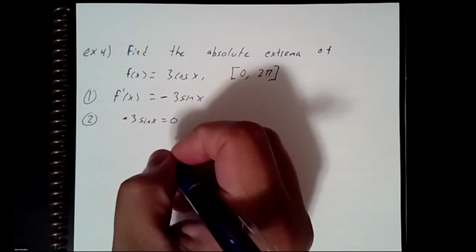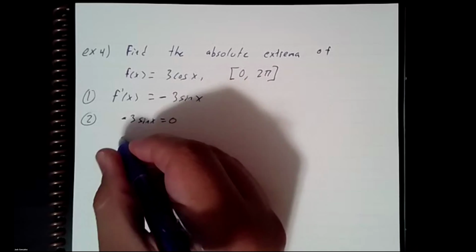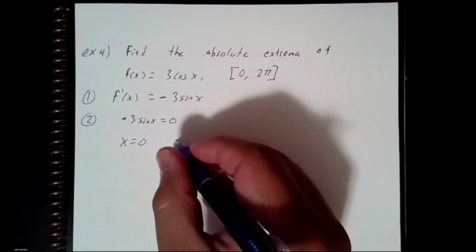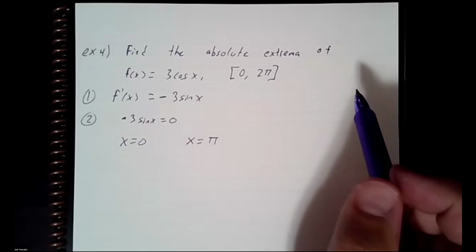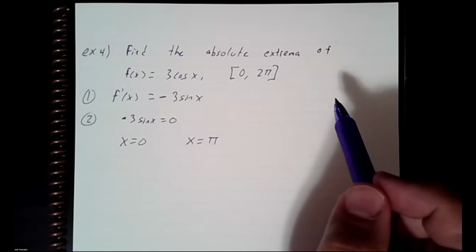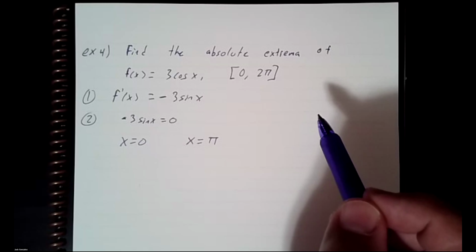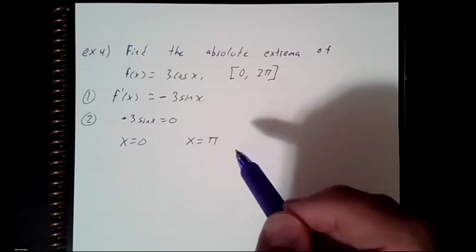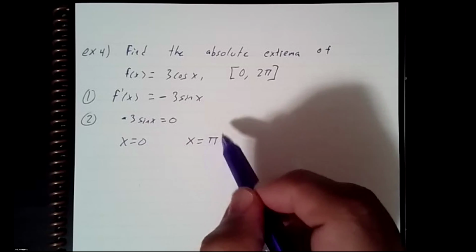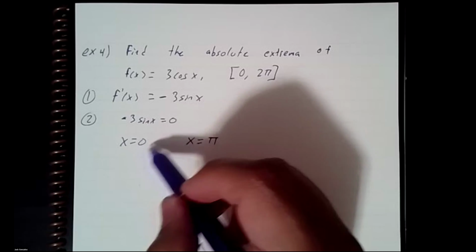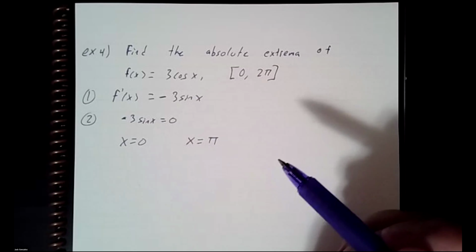So that would happen on the unit circle, right, when x is 0 and x is pi. So we have 3 locations to test: the endpoints and this pi. This critical number is the same as the endpoint, so it's just the same point, right?